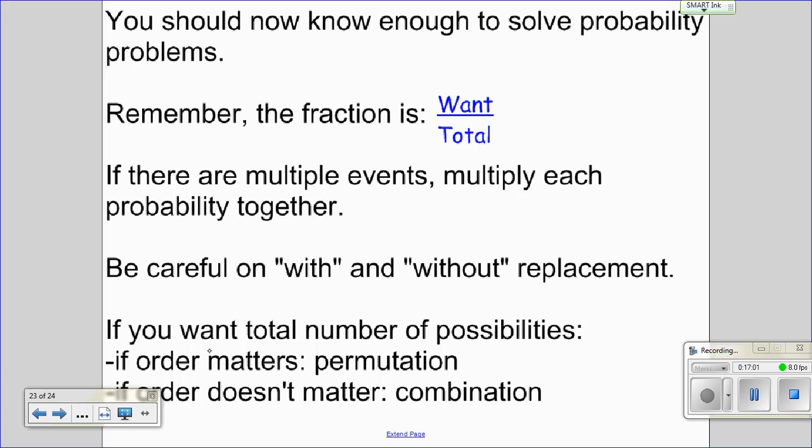When it's a probability of red and blue, you multiply. So make sure you know the difference when you multiply or when you add. And then be careful of with and without replacement. And if you want your total number and order matters, it's a permutation. If order doesn't matter, it's a combination. And this concludes our notes for this lesson.